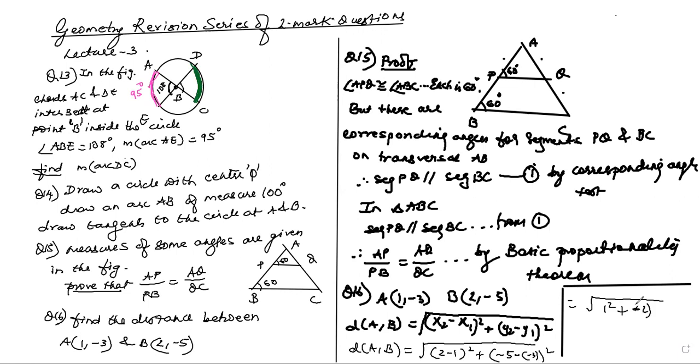Equal root of 1 plus 4, equal root of 5 units. What is the distance between the two points, children? You got it as root of 5 units.